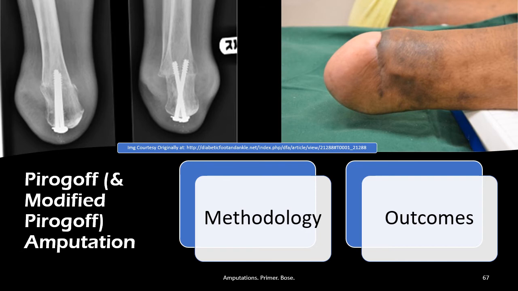The calcaneus is osteotomized and rotated 50 to 90 degrees to keep the posterior aspect of the calcaneus distally. It does preserve the heel fat pad, similar to Syme's amputation. The outcome of the surgery allows patients to mobilize independently without the use of a prosthetic device, similar to Syme's.